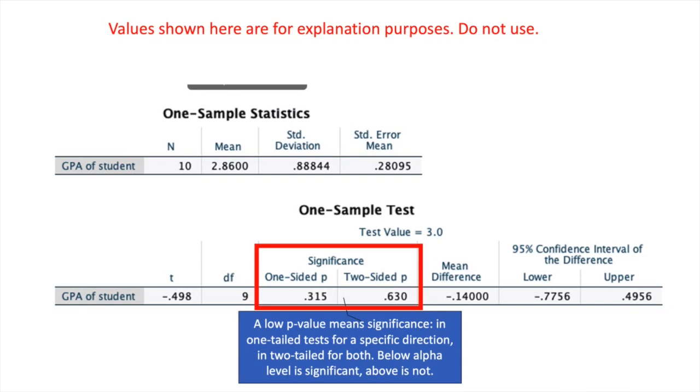Take a look at that value, where it says two-sided p. If that value is lower than your alpha, then it is statistically significant. A low p value means significance in one-tailed tests for a specific direction and two-tailed for both. It depends on your hypothesis testing process, if it's one-tailed or two-tailed. Lately in the class, we've been doing two-tailed, so focus on two-sided for now.